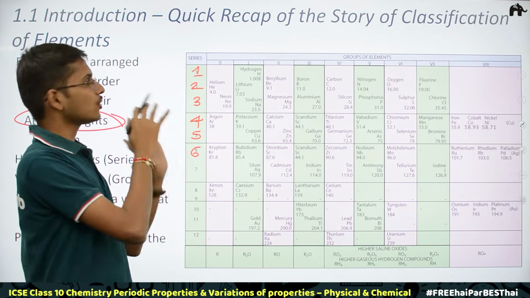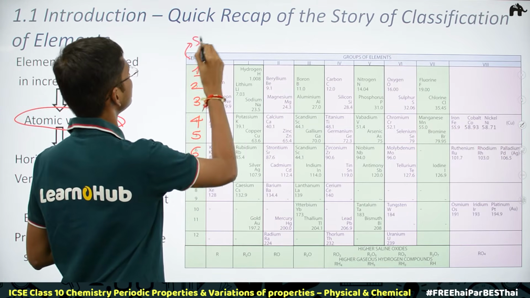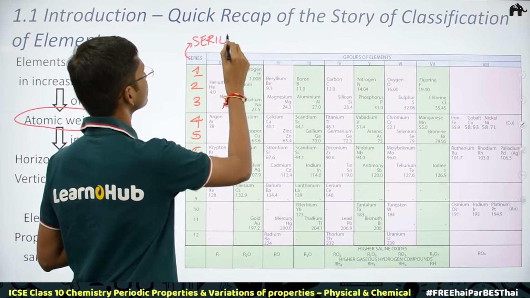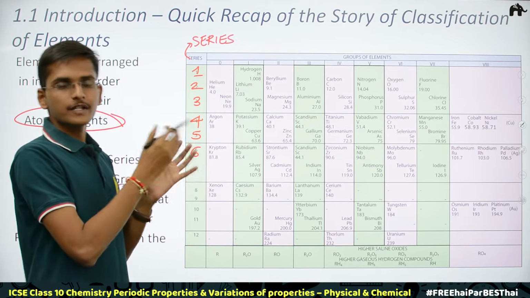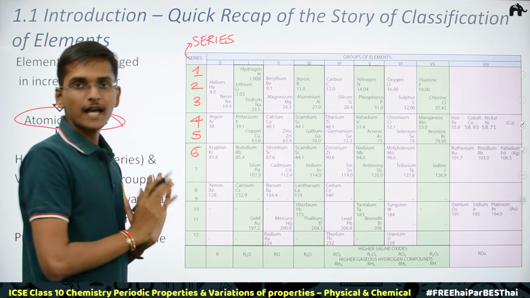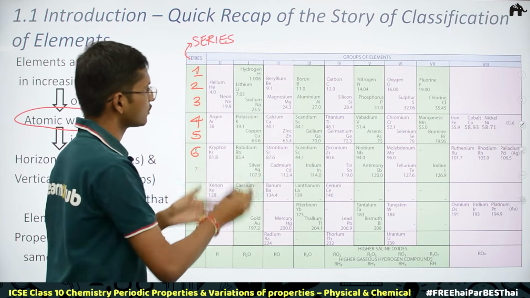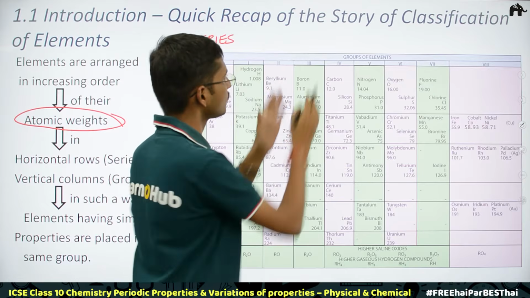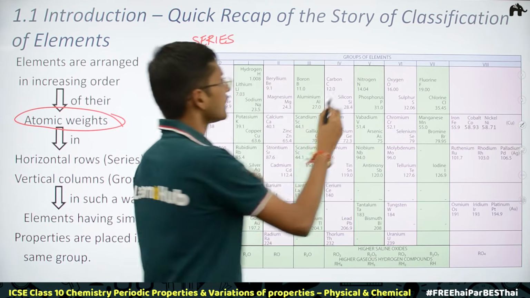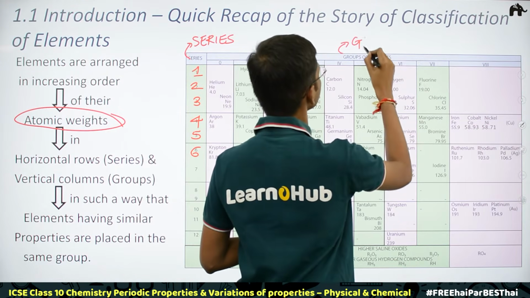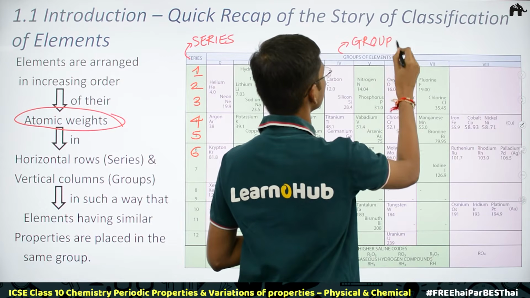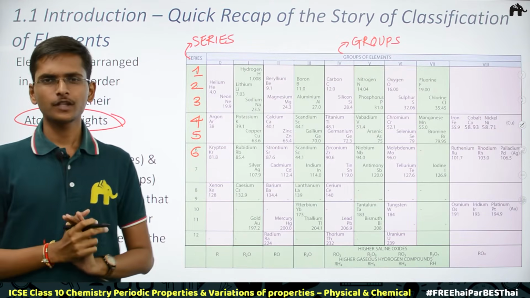He called these horizontal rows series. Just like horizontal rows, he arranged the elements in vertical columns as well. You can see here column number 1, column number 2, column number 3, column number 4 and so on. He called these vertical columns groups.